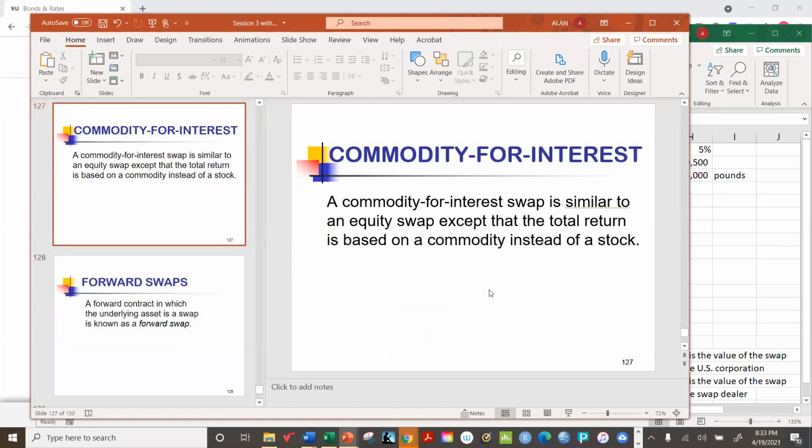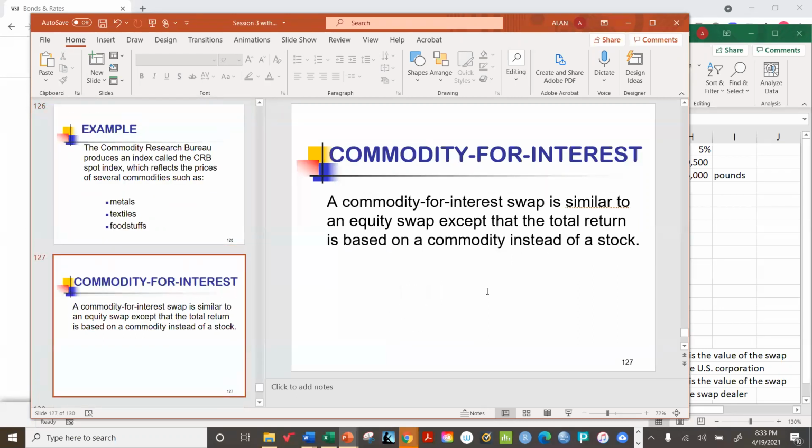And so this type of swap means you're trading the return on that index for a fixed rate of interest. Okay, so it's very much like the equity swap, except that instead of return to a stock, you're looking at the returns to the CRB index.